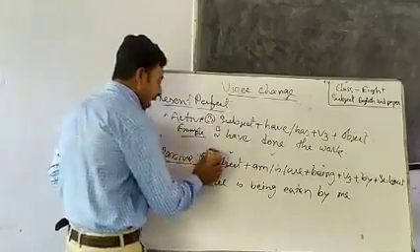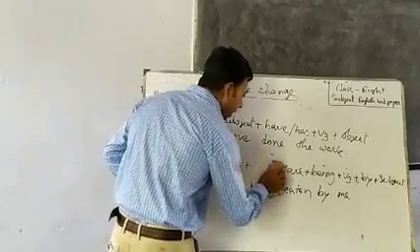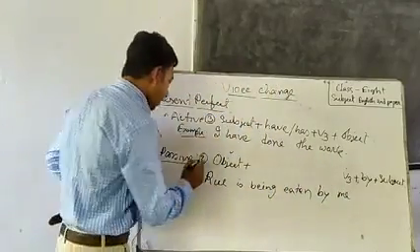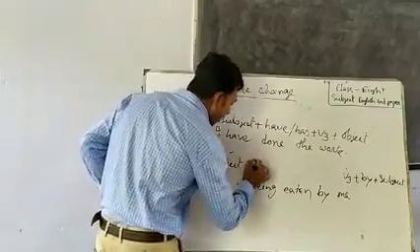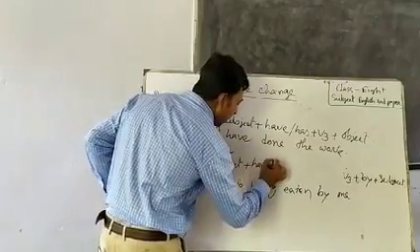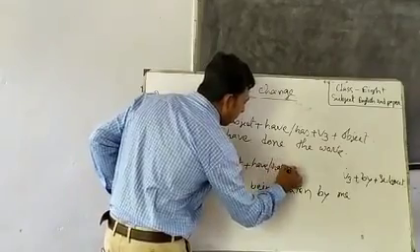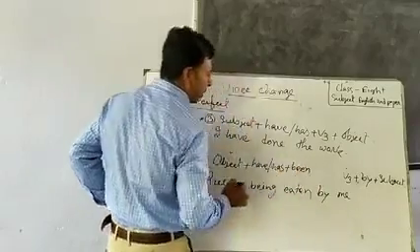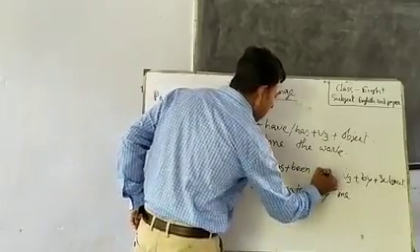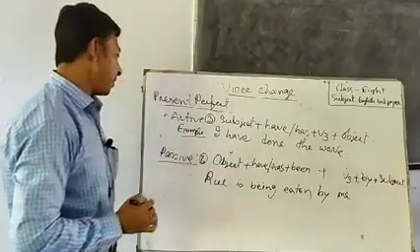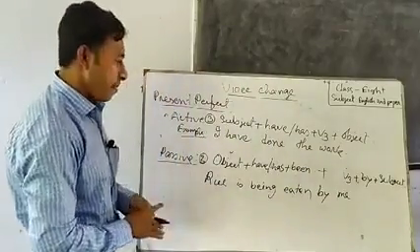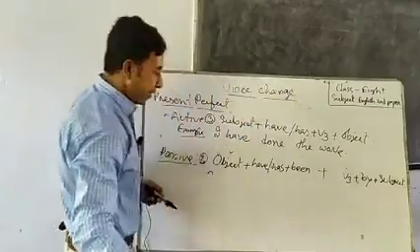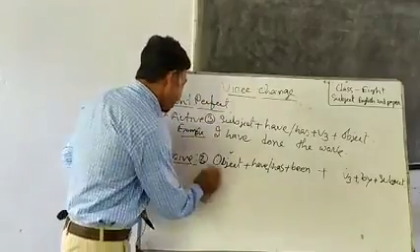For changing it, I show here a structure: object plus have, has plus been plus verb 3 plus by plus subject. Dear student, you follow.